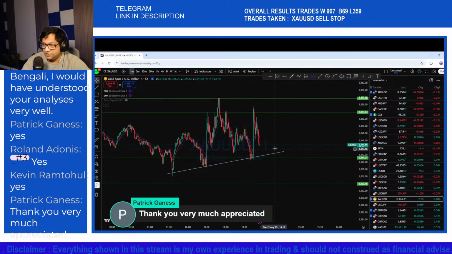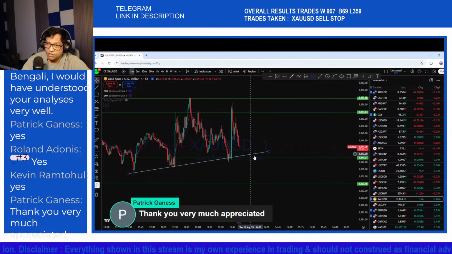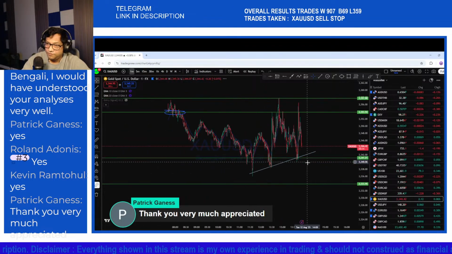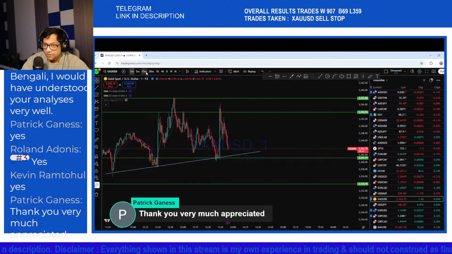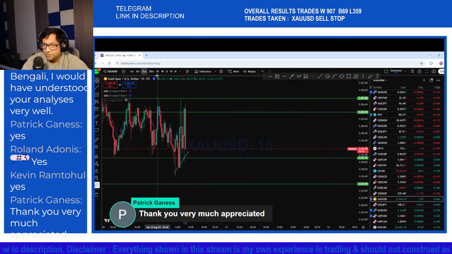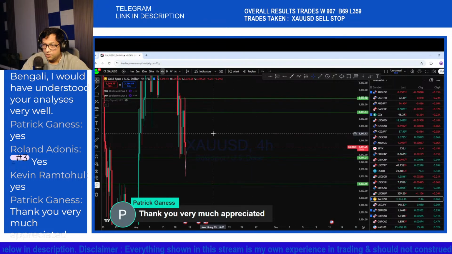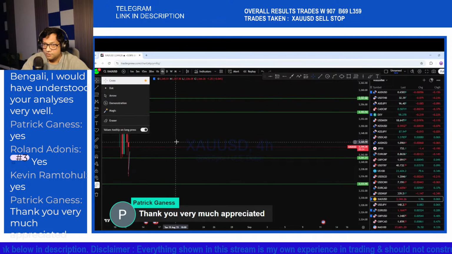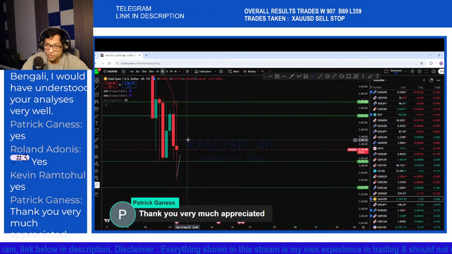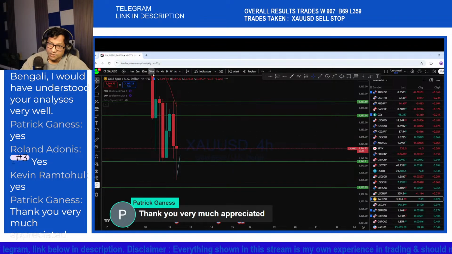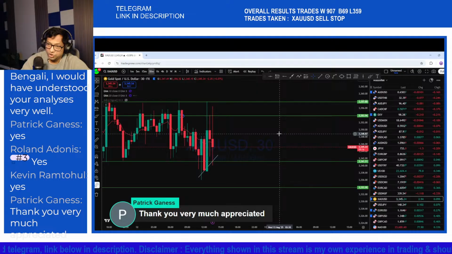Therefore, it is not a good idea to sell here, because these levels are being reacted to. And with this 4 hour close coming, if the market shows the same kind of reaction, we might see a potential bullish continuation here.